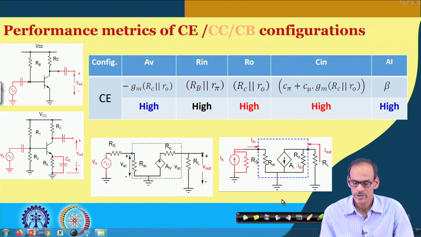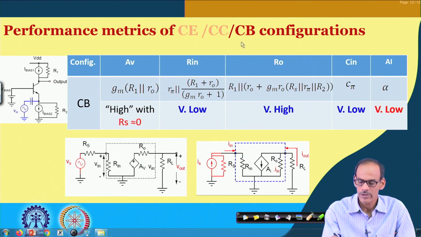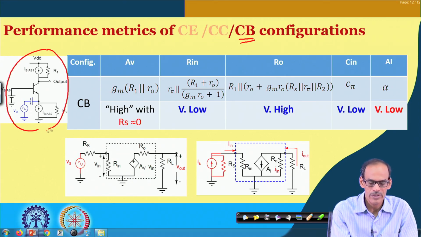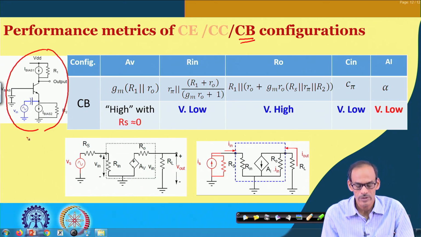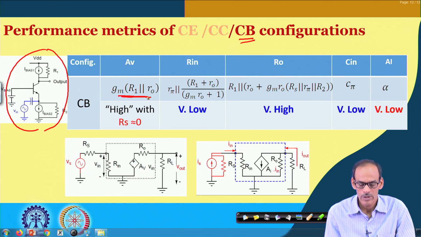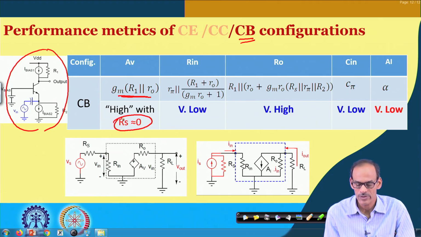Likewise, we have the performance summary of a common base amplifier. This is the corresponding common base circuit configuration, and you may recall that its voltage gain is quite good, but we assume that the signal source resistance is 0.